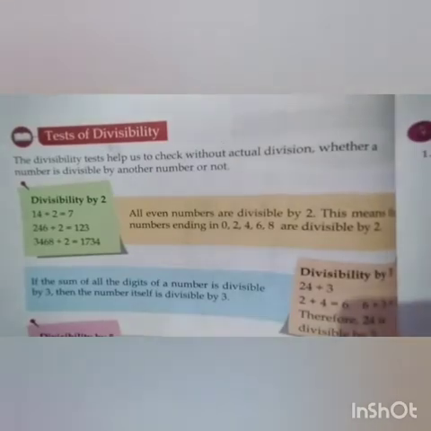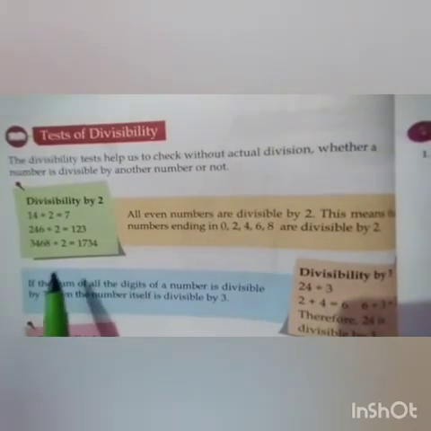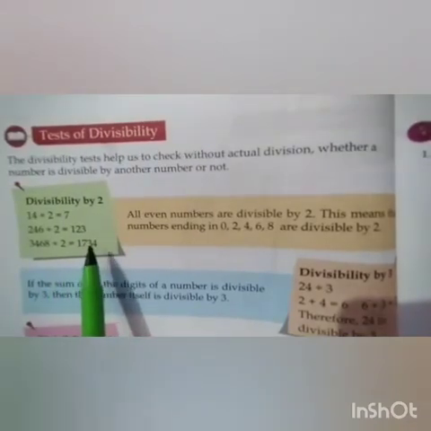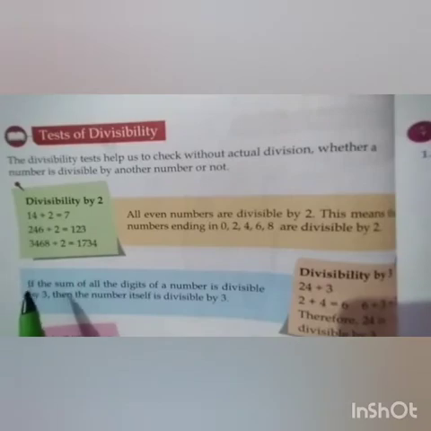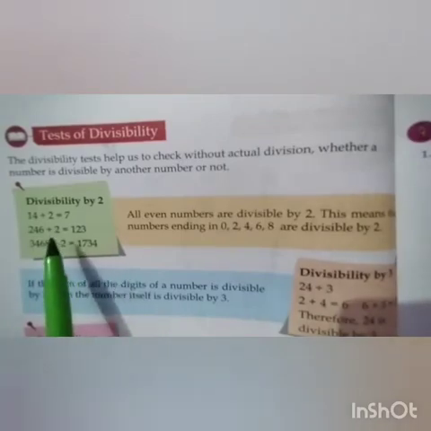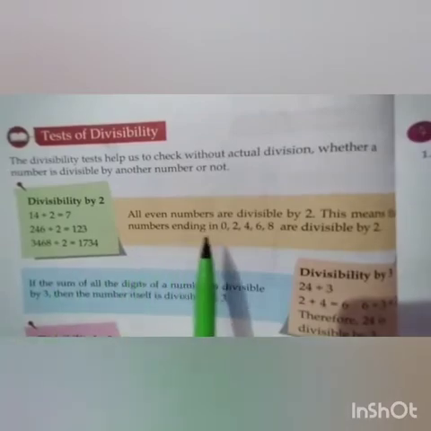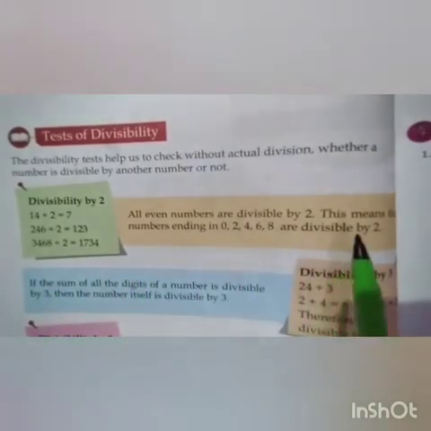For example, 14 divided by 2 equals 7, 246 divided by 2 equals 123, 3468 divided by 2 equals 1734. All even numbers are divided by 2 with no remainder. All even numbers are divisible by 2.